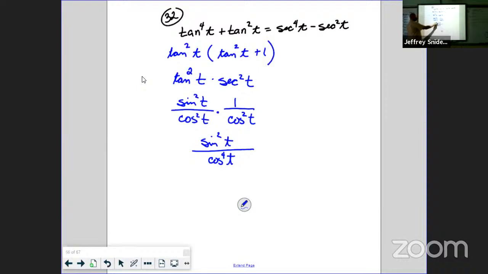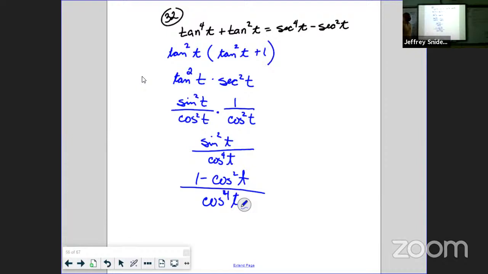I could right now replace this with 1 minus cosine squared t if I want. So I'm going to make that 1 minus cosine squared t over cosine to the 4th of t.